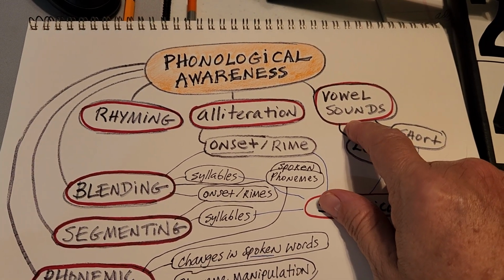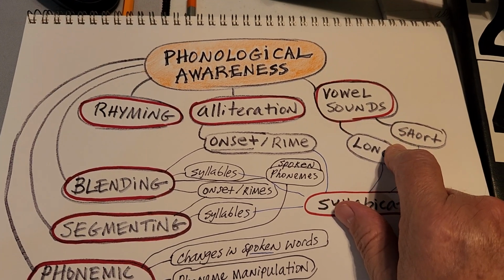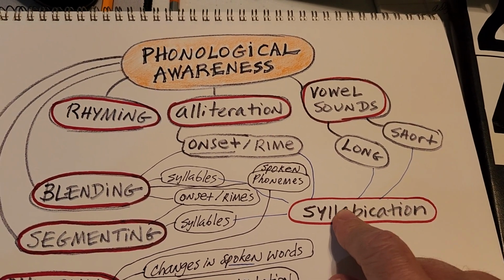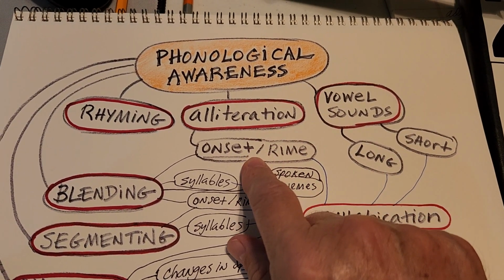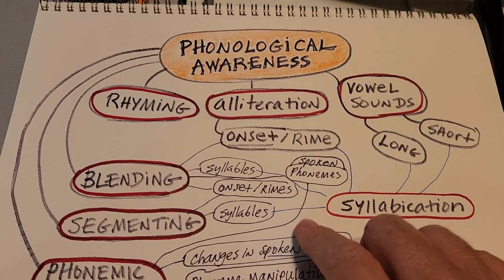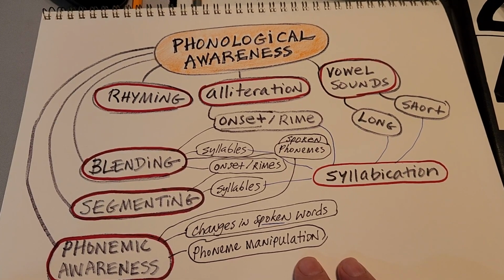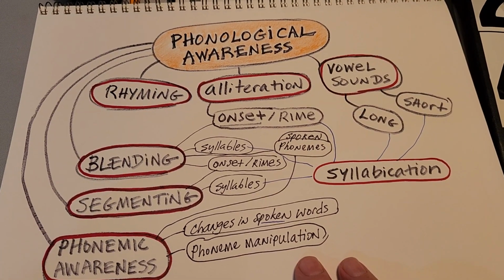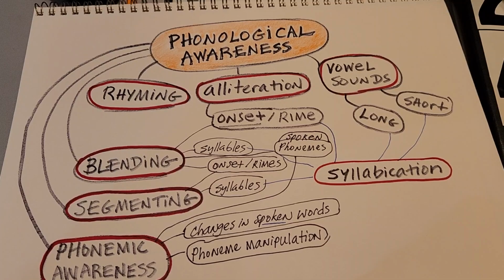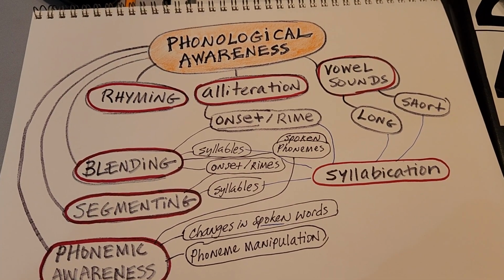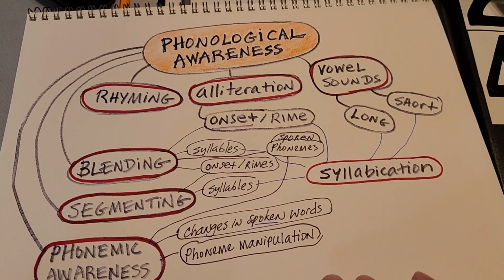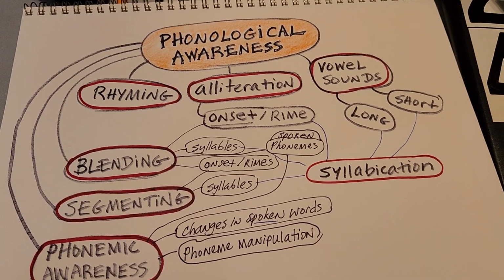Syllabication is a big one, and the production of vowel sounds, multisyllabic word instruction, and alliteration, onset rhyme recognition. So this is the one that I drew for myself. You might have a different interpretation of it, but I feel like drawing out a concept map will greatly help you determine how foundational skills are defined.